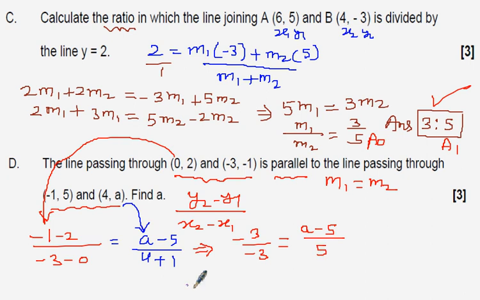It gets cancelled, so it becomes 1. So you can write a minus 5 is 5. So a is 10. This is your correct answer. I hope the topics are clear to you. You have to write the reason here. Since the side lines are given parallel, so the slopes will be equal.